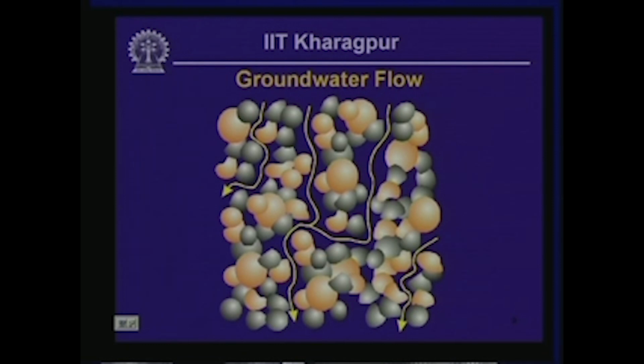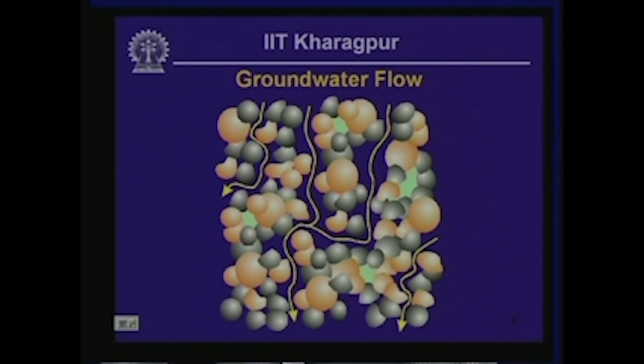So, these are the void spaces that are going to take part in conducting groundwater flow, indicated by the yellow arrows there, and then there are some pore spaces which are isolated and not interconnected. So, although they may be saturated, these pore spaces will not conduct groundwater. They will not participate in groundwater flow.